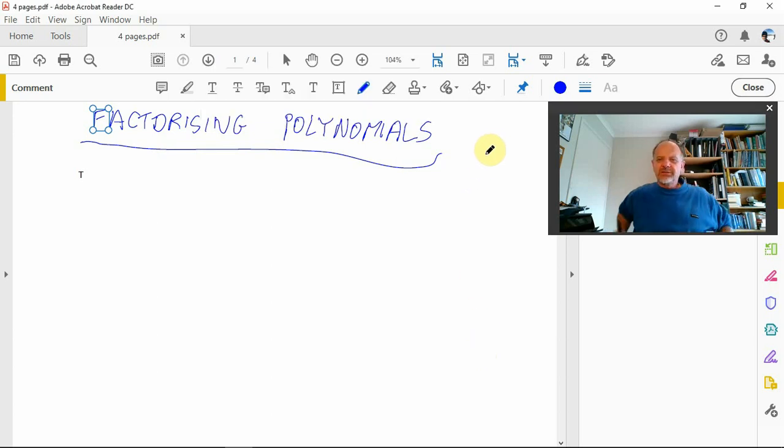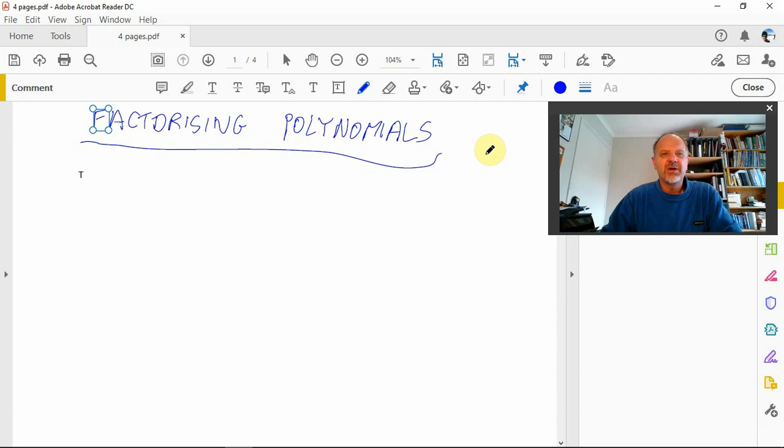Okay, today's exercise, factorising polynomials, and so it kind of leads on from the last one. So we know how to divide things, and so whether we use the long division method or the synthetic division, doesn't matter. We know how to divide things, so we can find factors if we need to by dividing out.